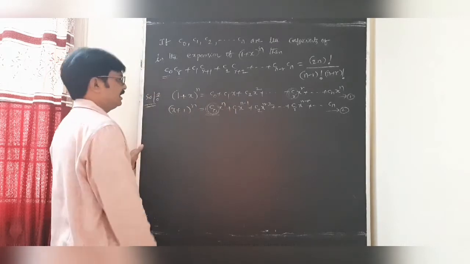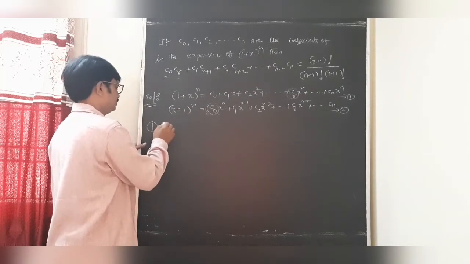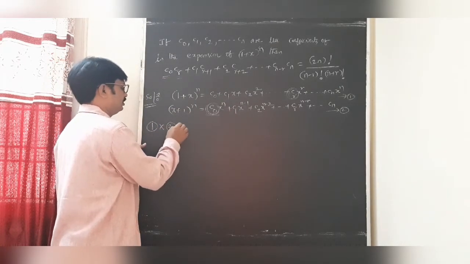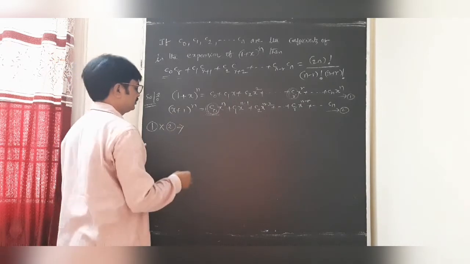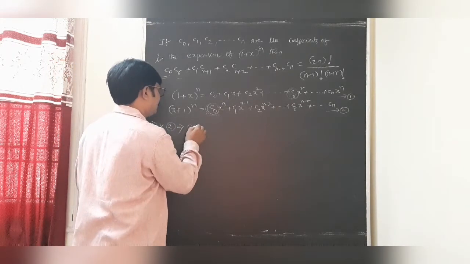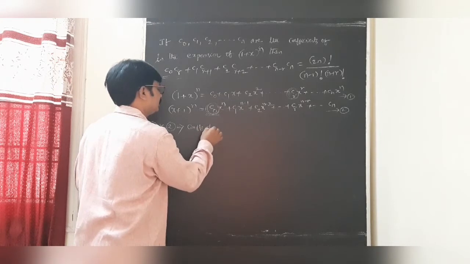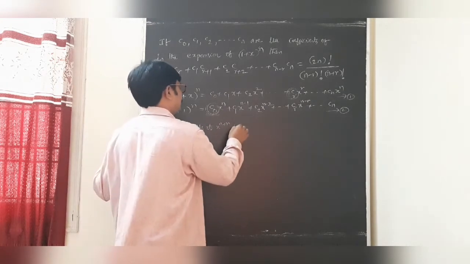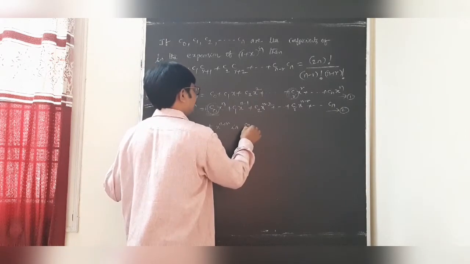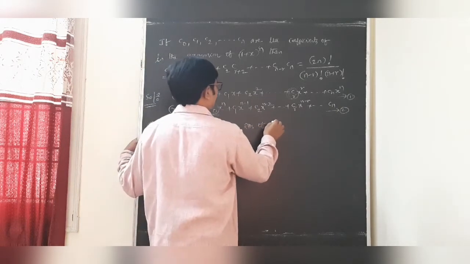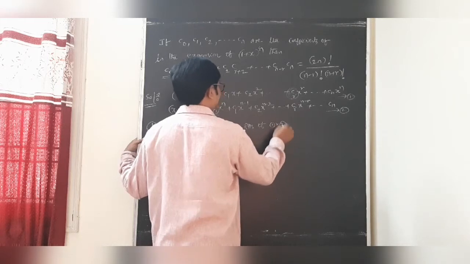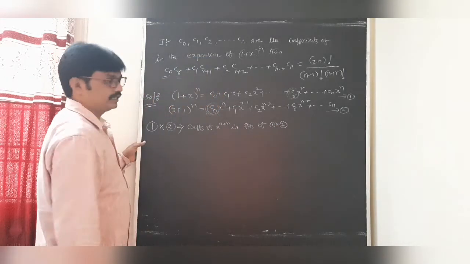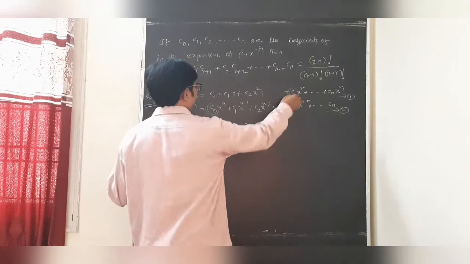So on the right hand side, first we can write 1 into 2, which implies the coefficient of x^(n+r) in the RHS of 1 into 2. What is there? C0 into Cr.